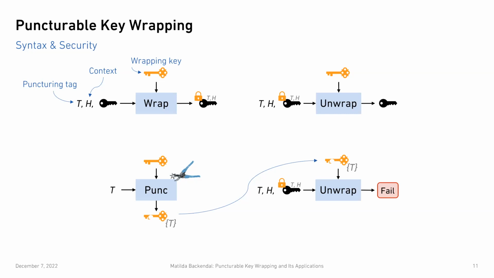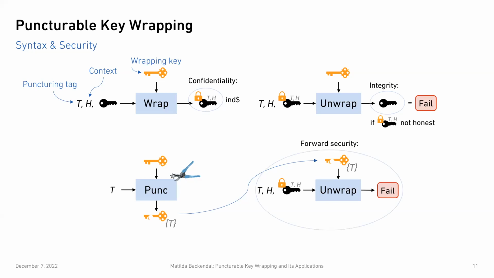And a little bit more formally, what we want in terms of security of a puncturable key wrapping scheme is first and foremost the basic security of key wrapping, namely confidentiality of the ciphertext in the sense that ciphertexts are indistinguishable from random bits. Integrity of ciphertext in the sense that if you try to unwrap a forged ciphertext, then unwrapping will fail.